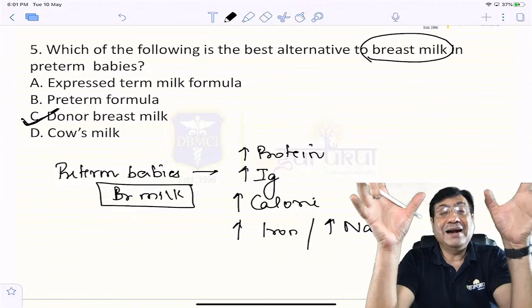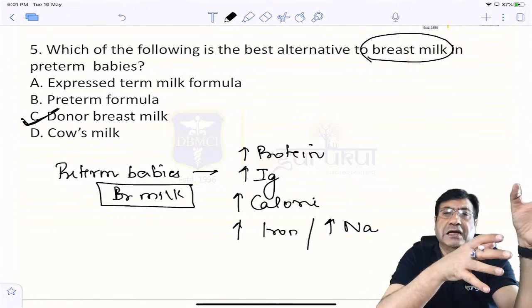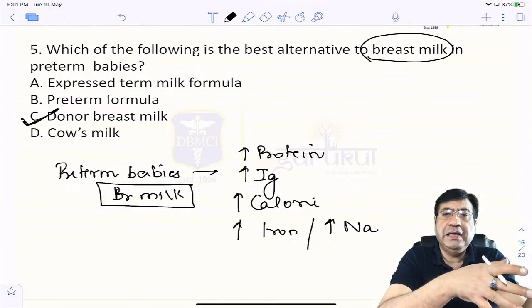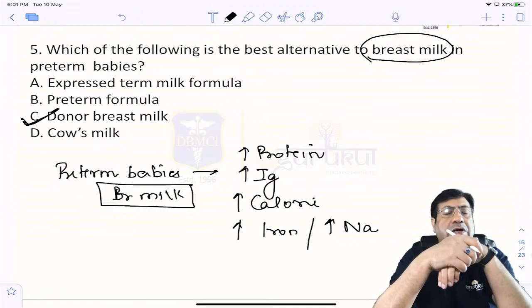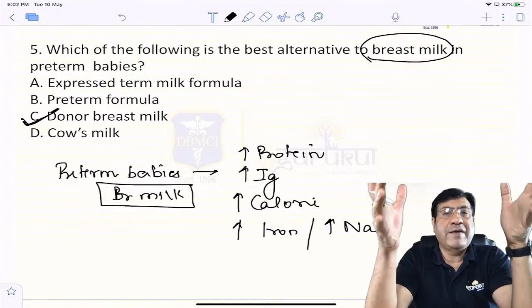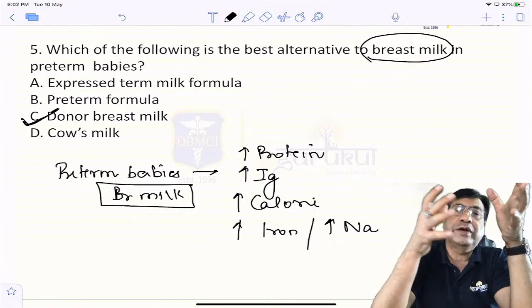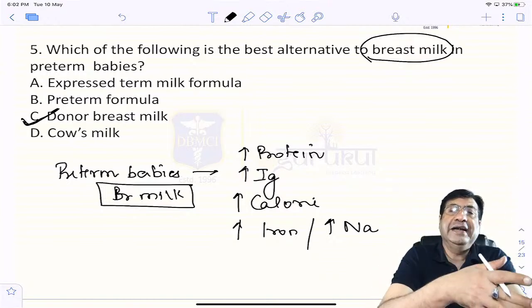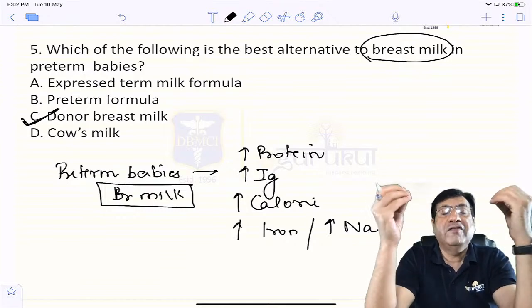So you are seeing there are differences between a breast milk of a mother who has given birth to a preterm baby and breast milk of a mother who has given birth to a term baby. The point I'm trying to emphasize is that the breast milk changes are just to cater to the needs of a preterm baby. And that's the reason why breast milk is always the best.